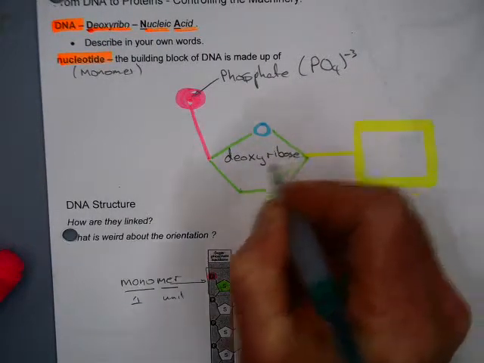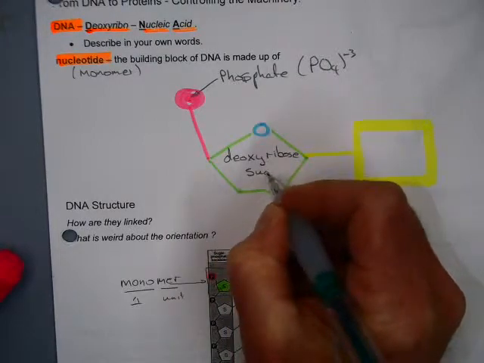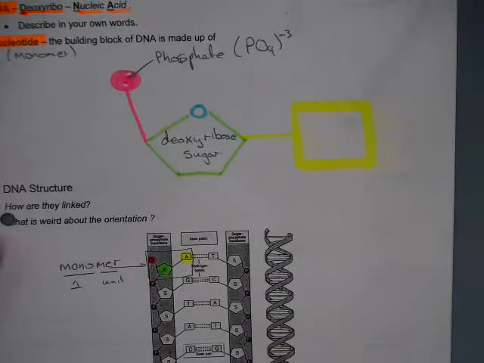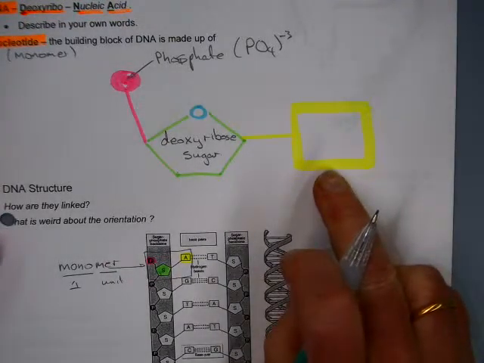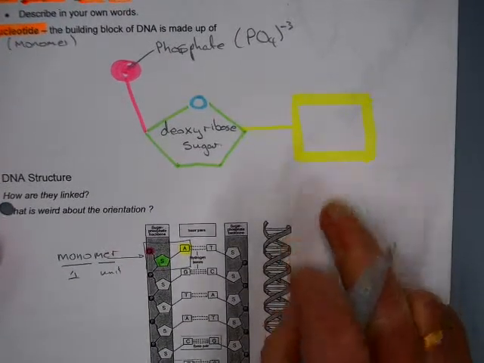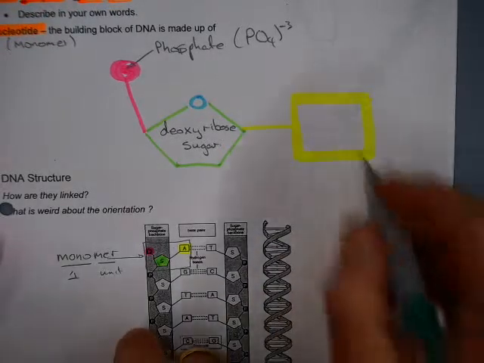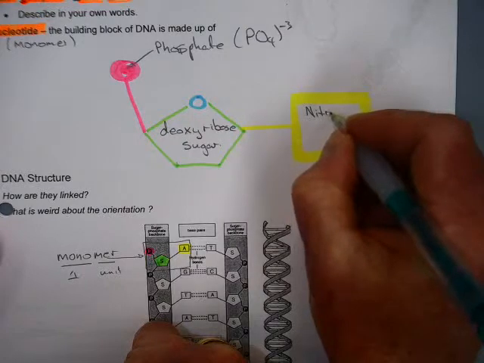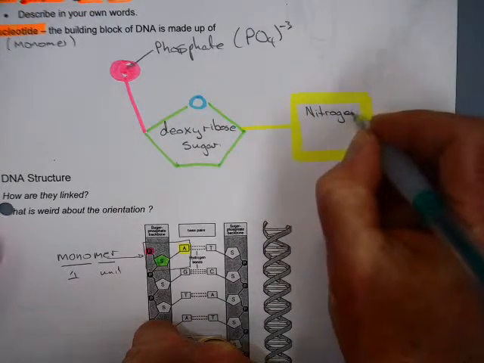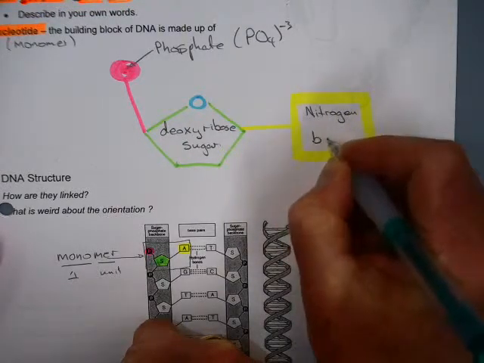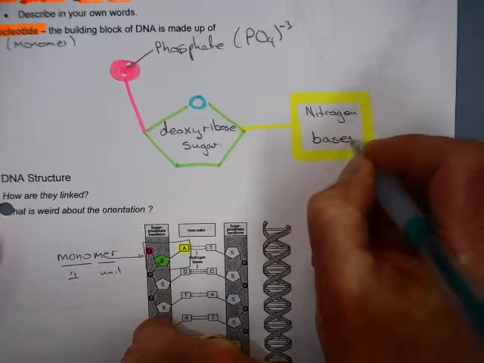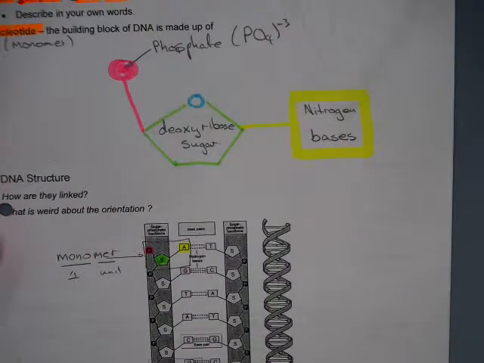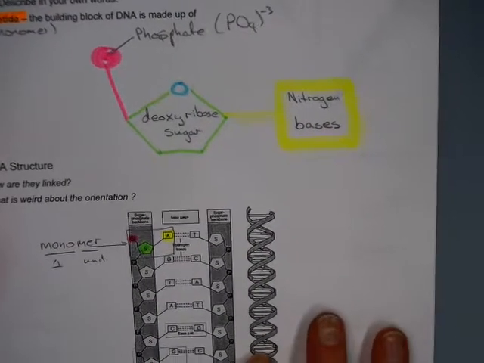These guys here are called the nitrogen bases. And it turns out there are 4 different kinds of nitrogen bases.